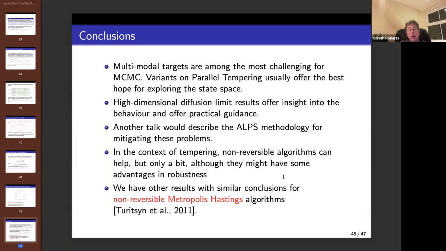And the last thing is that we've been extending this recently to the non-reversible Metropolis-Hastings algorithm introduced about 13 years ago or so by some physicists. It turns out that many of the results that we get here, you can extend to that context as well.